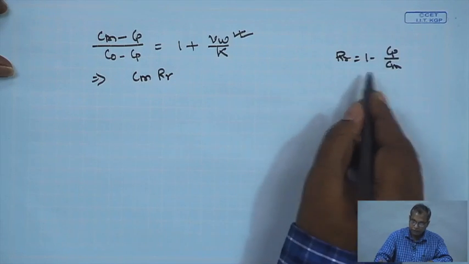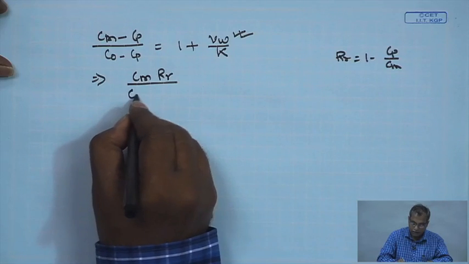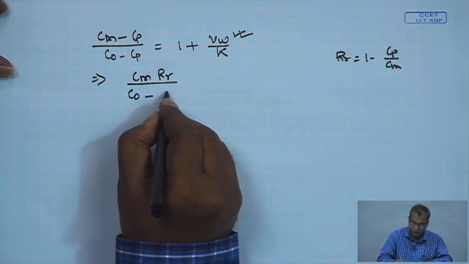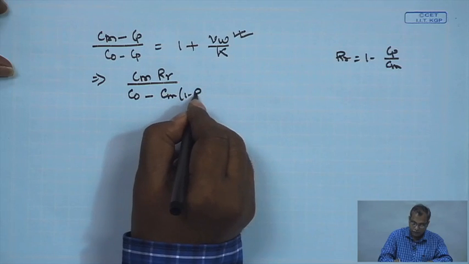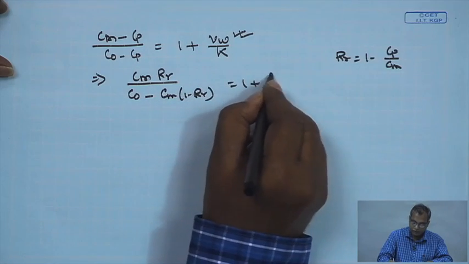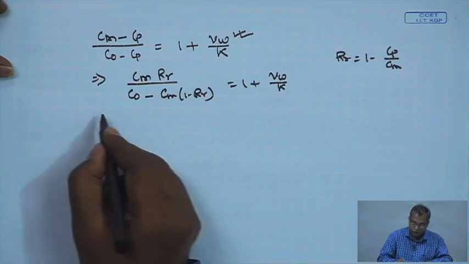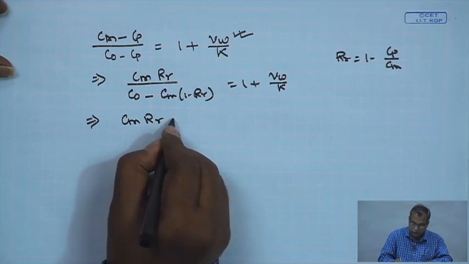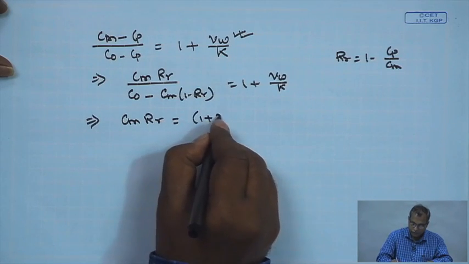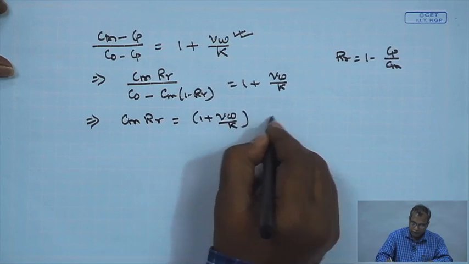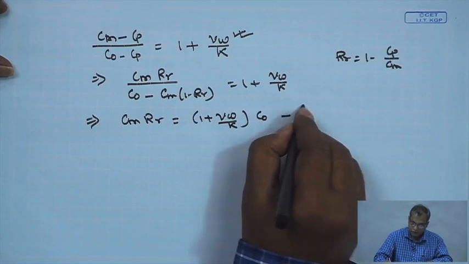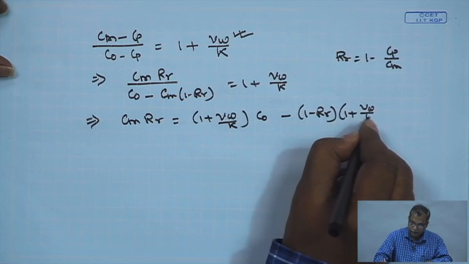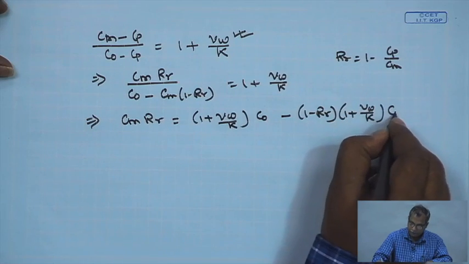So, Cm minus Cp is nothing but Cm times Rr, and in the denominator Cp can be replaced by Cm into 1 minus Rr, equal to 1 plus Vw by k. So, just rearrange for Cm. This becomes Cm Rr is equal to 1 plus Vw by k times C naught minus 1 minus Rr times 1 plus Vw by k times Cm.